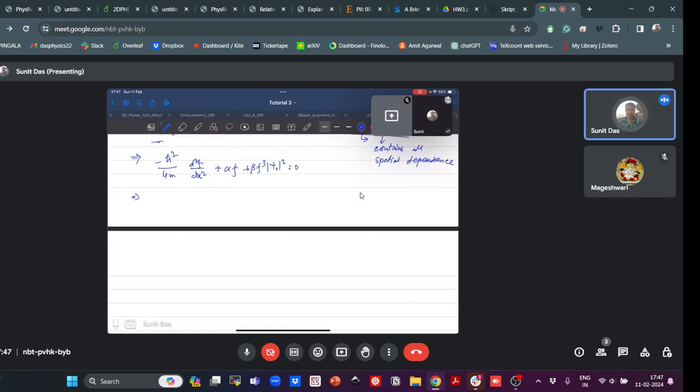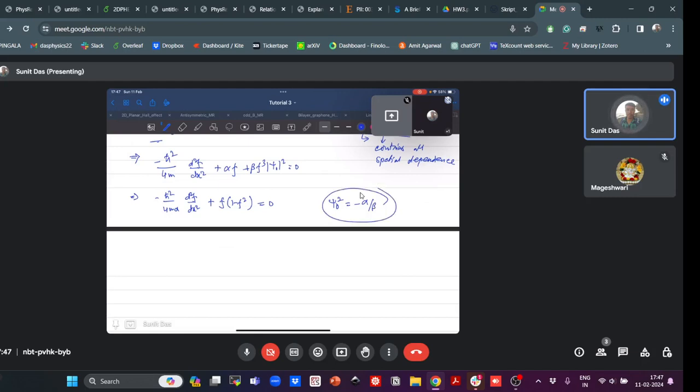So then we'll have minus ħ² by 4mα d²f/dx² plus f(1 minus f²) equal to 0. Right? So what we have used here is that ψ₀² equal to minus α by β.